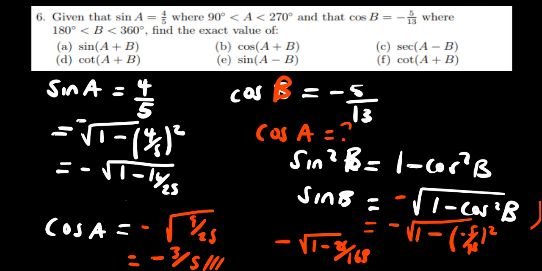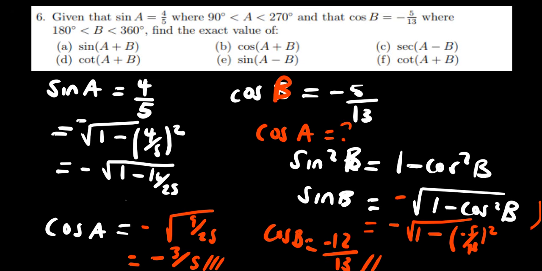When I solve what is in the bracket, I get 144 over 169, and when I take the square root, I get cos B equal to negative 12 over 13.